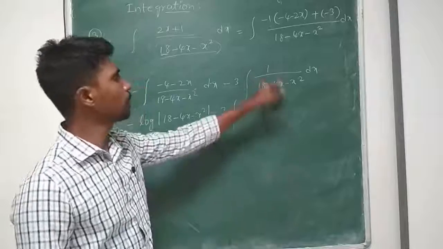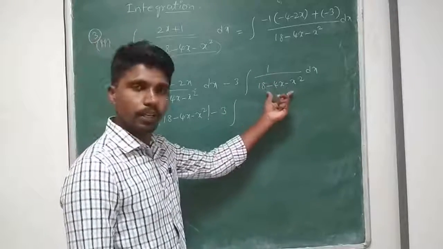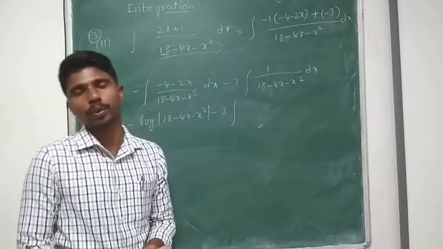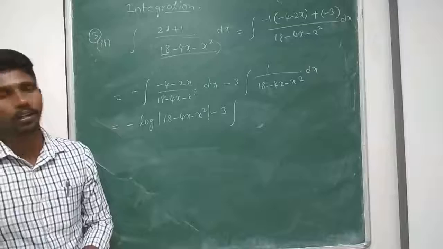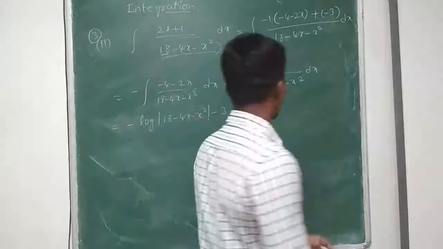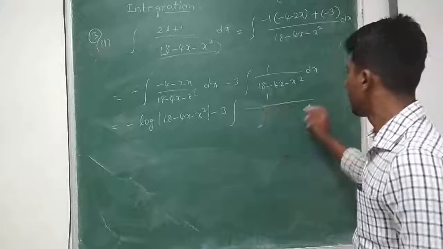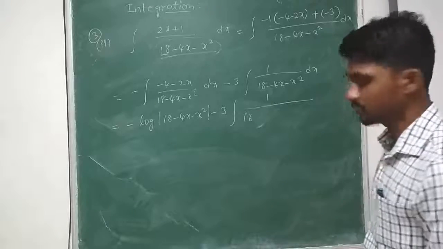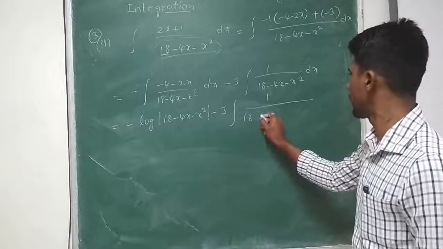Again it is in the form 1 by quadratic expression. So what to do? We have to convert this one in the form of x minus alpha whole square plus or minus k square, or a square. To convert in that form, I have to use the completing square method. In 1 by 18 minus 4x minus x square, the x square coefficient should always be positive. So for that purpose, I take minus common in this.